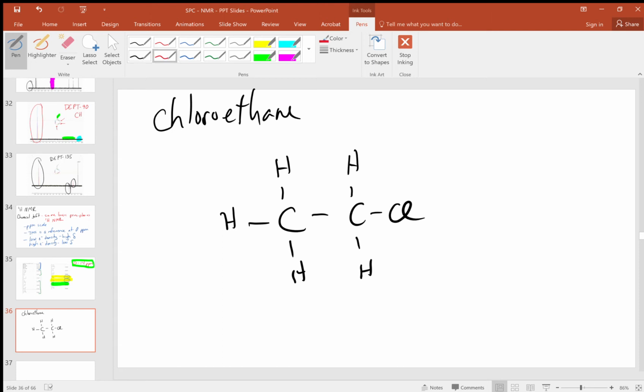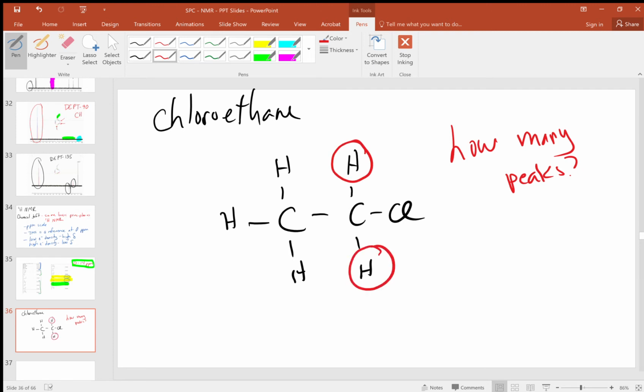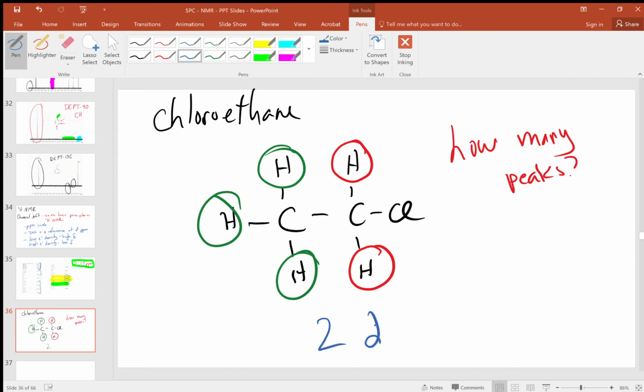How many peaks? So my expectation would be these two hydrogens are equivalent, and these three hydrogens are equivalent, but they're not equivalent to each other. So we have two different hydrogens in this molecule. So let's look at the spectrum.